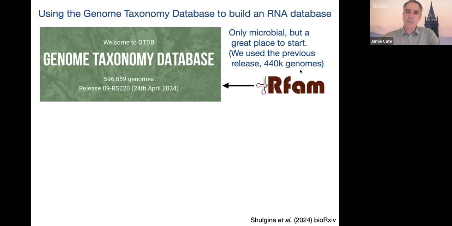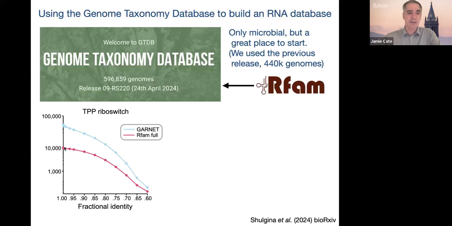We took search tools from RFAM and searched the Genome Taxonomy Database. What we could do is generate a much more highly diverse database of RNA sequences. This is a particular kind of RNA called a riboswitch, a TPP riboswitch.